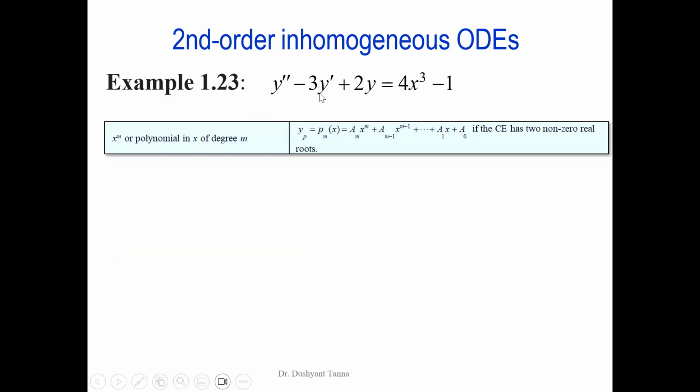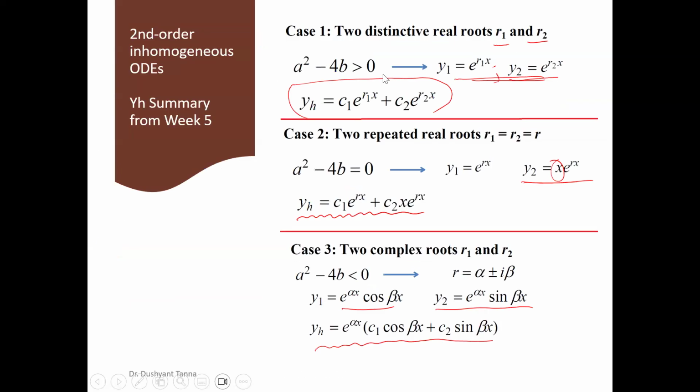y double dash minus 3y dash plus 2y is equal to this. If you summarize all the weeks, which I'm doing, I'll finish it and then I'll upload it on Moodle, then you'll understand how every case is different. So previous week, what we were talking about, where your right-hand side was only 0, these three cases that we discussed were arising.